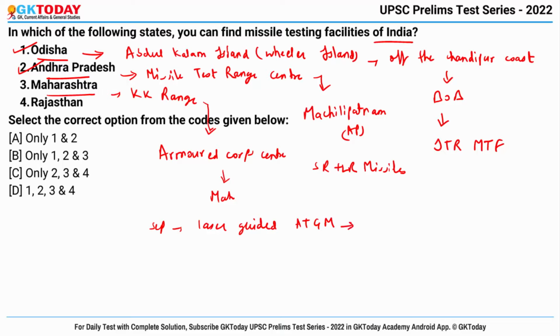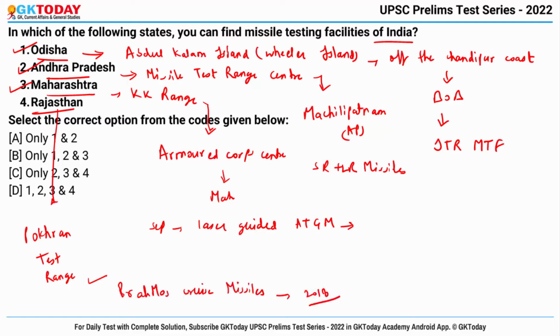Okay, so this is also correct. And last is Rajasthan. So everyone knows that the Pokhran test range in Rajasthan is another facility for testing missiles, and the BrahMos cruise missiles were tested at this facility in the year 2018. Fine. Correct answer becomes all 1, 2 and 3, that is option number D.